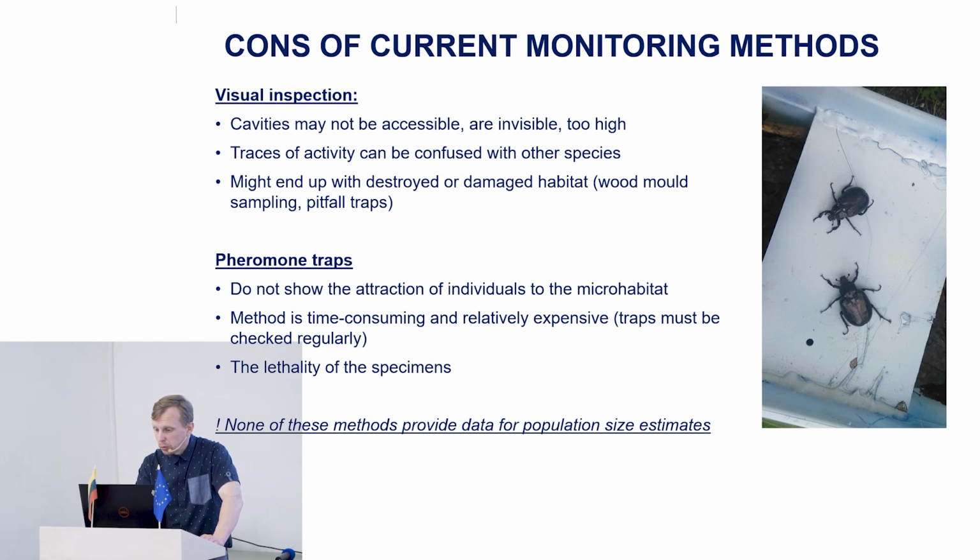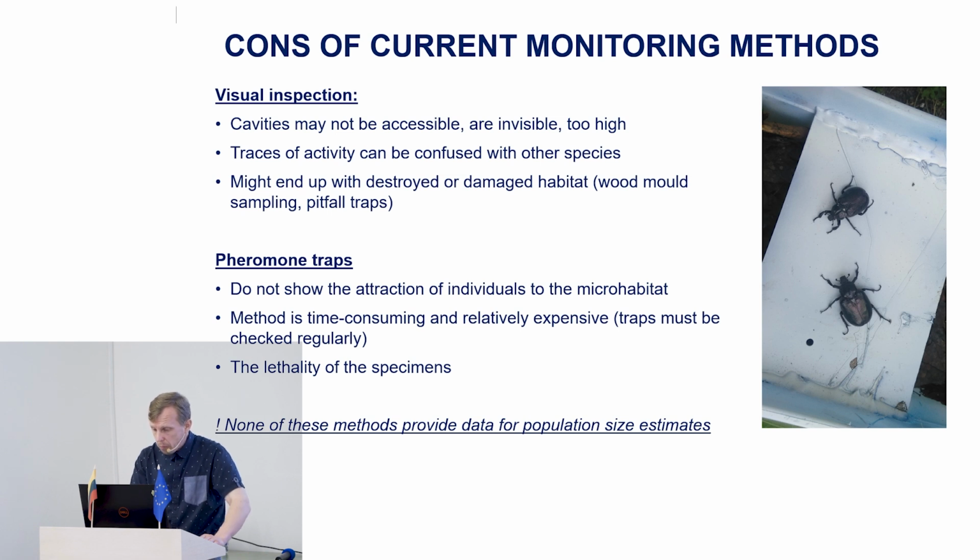You can go to the territory only a few times in the season, and there is a lack of resources to ensure long-term monitoring. On the other hand, in appropriate weather conditions beetles fall into traps regularly, and there is a risk that if the trap is left unattended for a long time, the lethality of specimens is high.